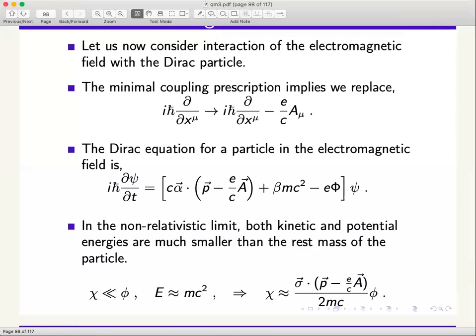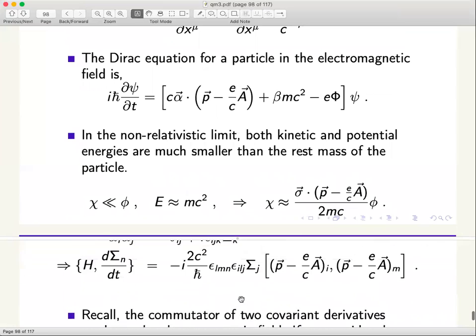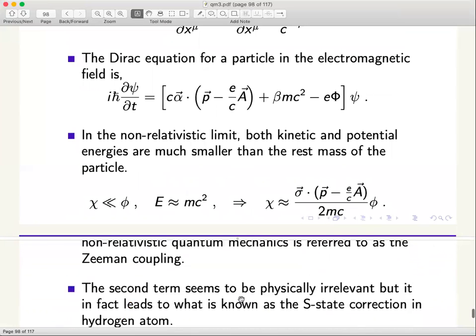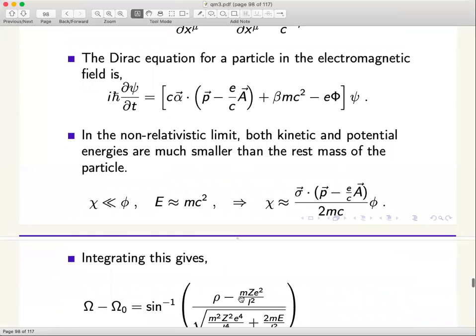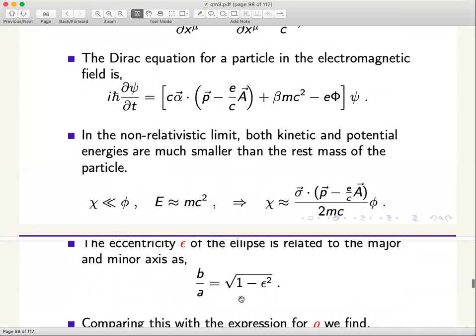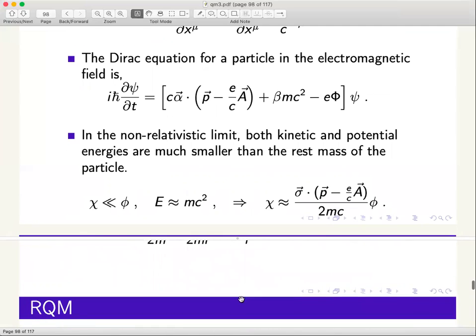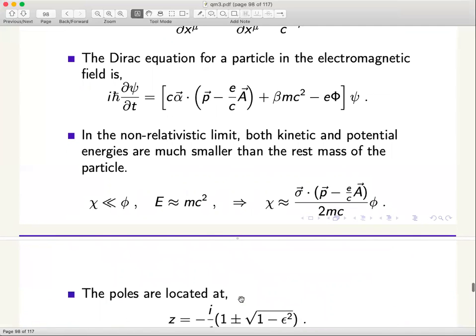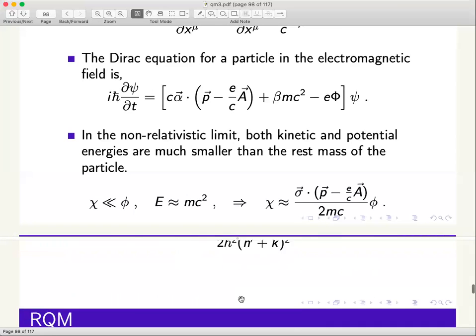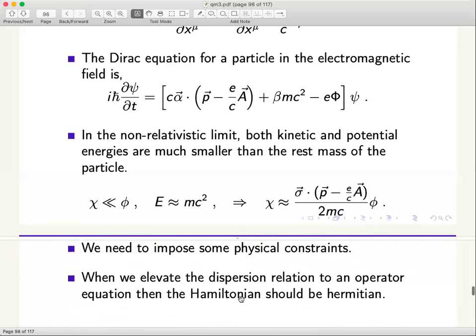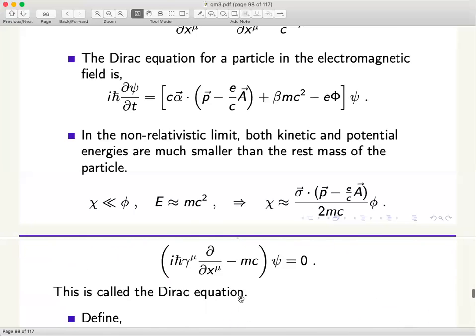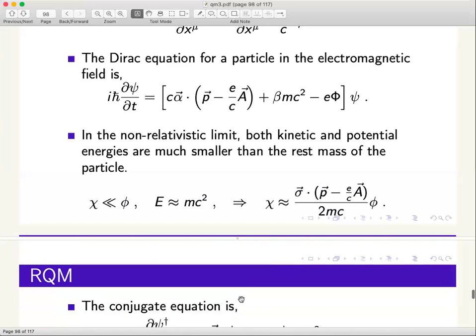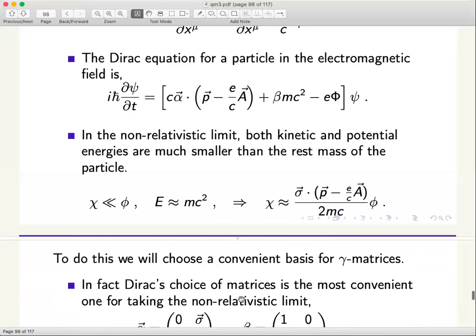Okay, just give me a minute. I just want to get the spinor on the split screen so that we can stare at it while we talk about this one.